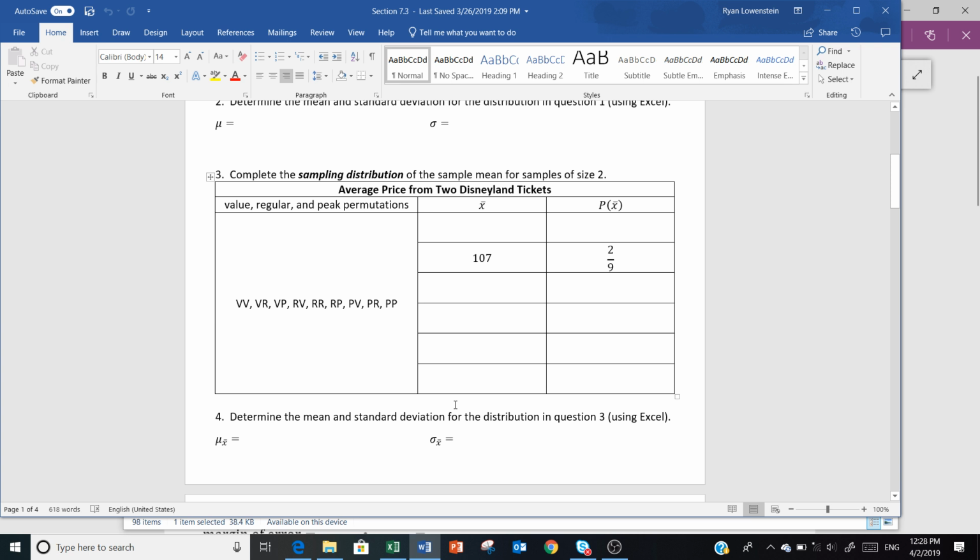These are called sampling distributions. Okay, so the standard deviation of X bar is the standard deviation of these things. It's not the standard deviation of the sample, it's the standard deviation of all the sample means.